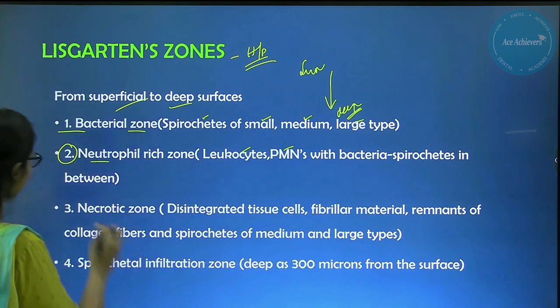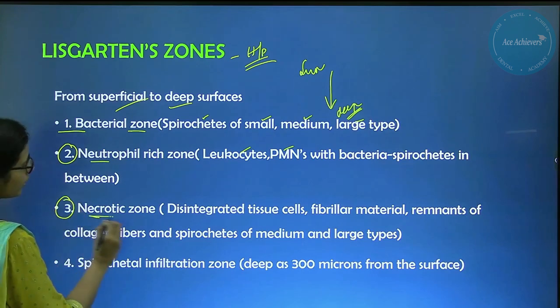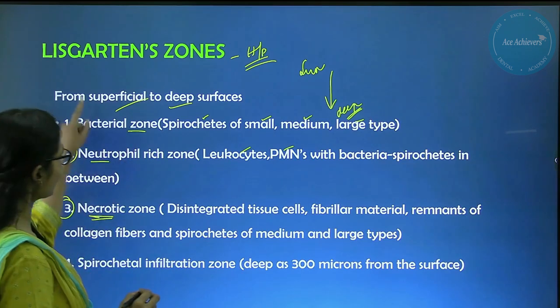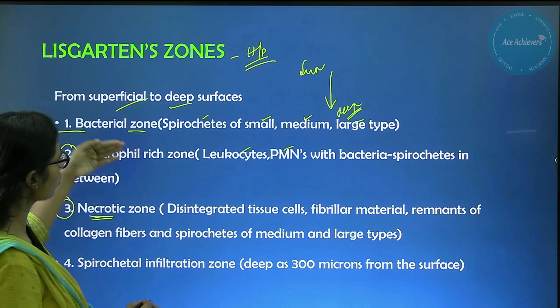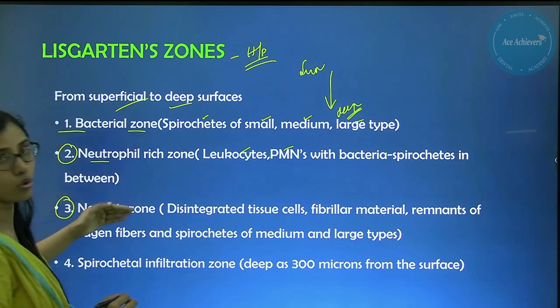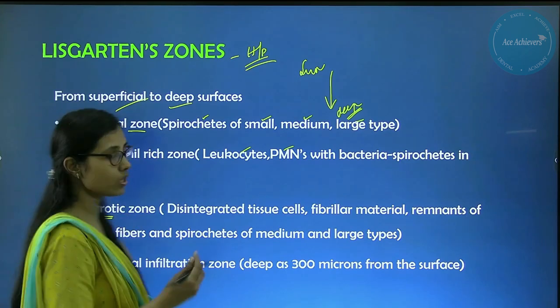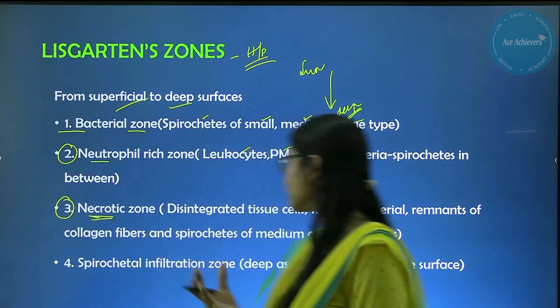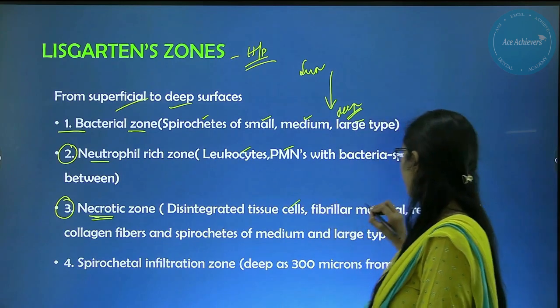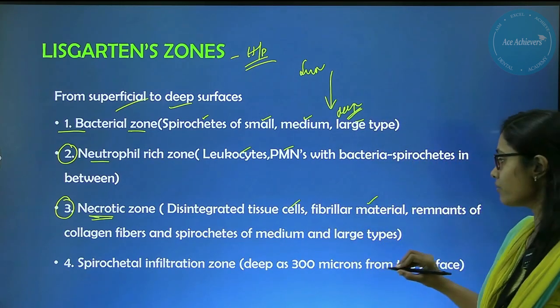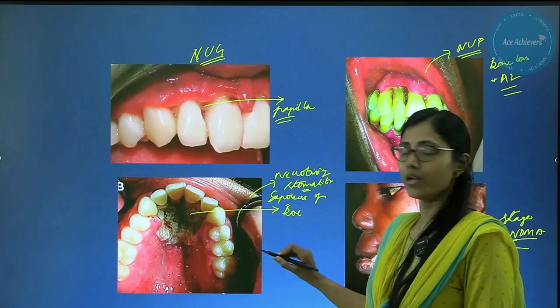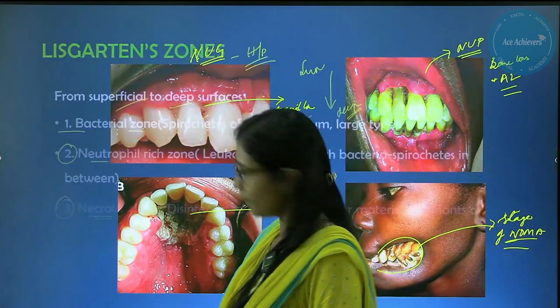The third zone is the necrotic zone, where you can see all the dead and degenerated tissue cells and fibrillar material, remnants of collagen fibers, and even dead debris of the spirochetes.